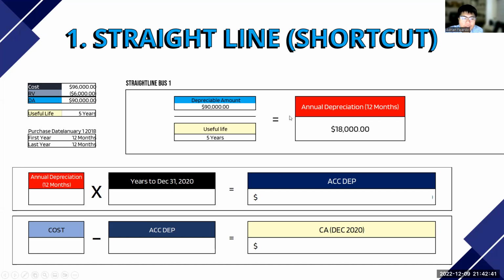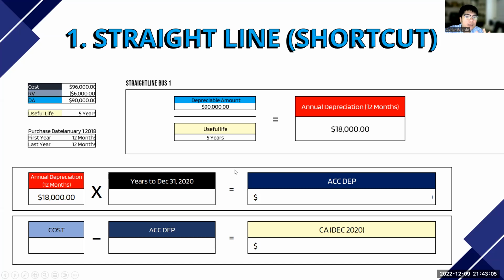Now, the given or the required was, what is the accumulated depreciation for December 2020 if today is January 1, 2018? So now, we know that number 1, we have an annual depreciation of 18,000. The shortcut method is count the number of periods that have passed. 2018, 2019, 2020, 3 years.